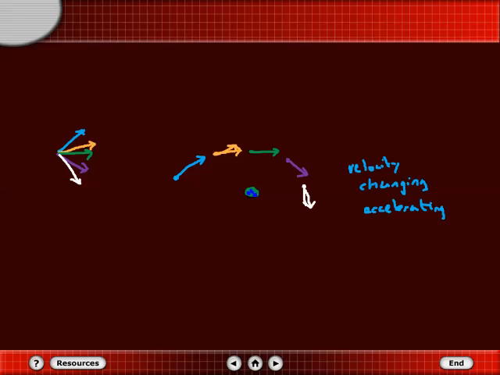These are just like points in time, so this might be, I don't know, after 1 day, this might be after 5 days, 8 days, etc. We can look at these points in time and see how the velocity has changed between them. If I look at this first one, the velocity has changed in this direction, and the second one kind of like that, third one like that, fourth one like that.